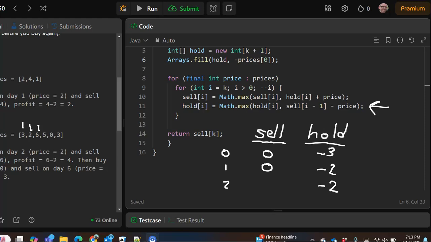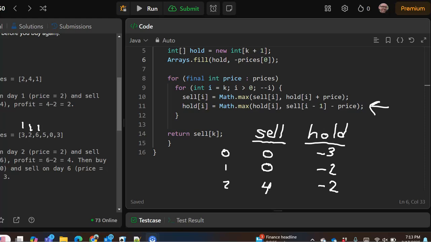What that represents is we bought the stock at 2, we sold it at 6, and now we've got 4. Update the hold, that is the max of what's currently in the hold, or the previous balance minus the price. The price is 6. So that's like, should we buy it at 2 or buy it at 6? Well, we should buy it at 2.